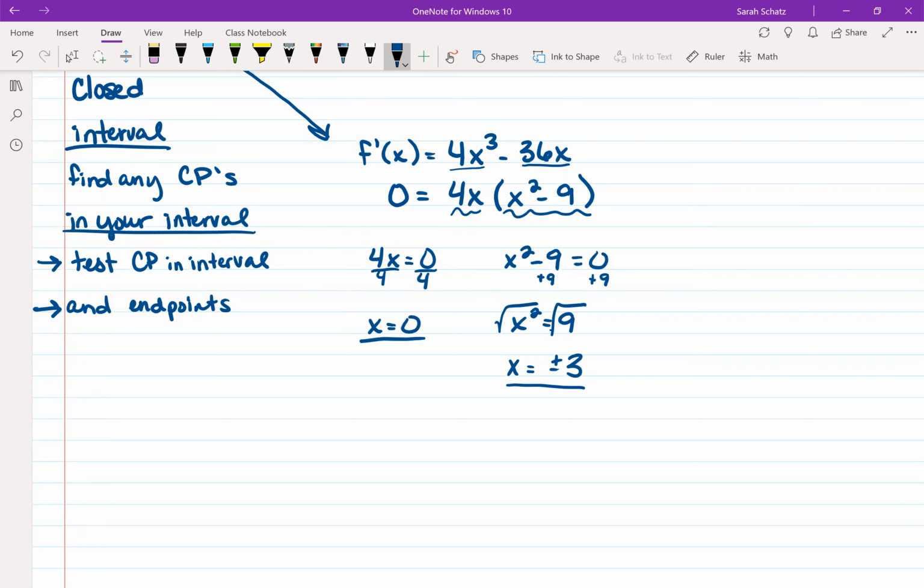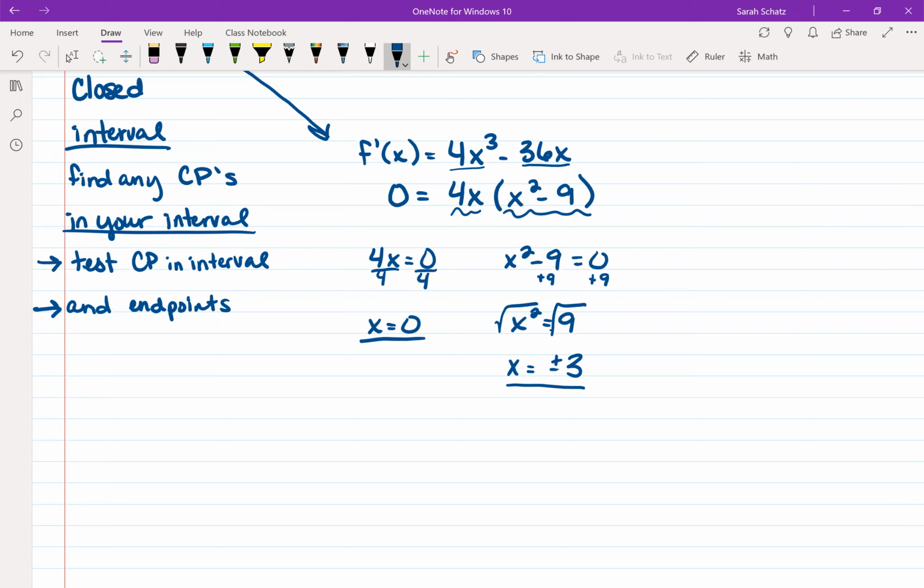Well, it's in there too, you guys. It's between negative and positive 4, but negative 3 is also. So on this particular problem, we found 3 critical points, and all of them are in my interval, which means I do have to test all of them. So it means a little more work, but they're all in your interval, so they all could be your absolute max or min.